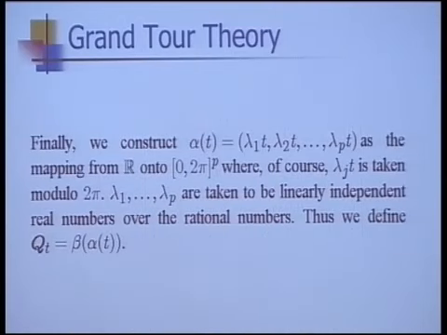So we construct the mapping alpha of t as lambda 1, lambda 2, through lambda p, each multiplied by t, as a mapping from R into the [0, 2π] hypercube. Lambda_j t is taken modulo 2π, so we want angles from 0 to 2π. The lambda 1 through lambda p are taken to be linearly independent real numbers over the rational numbers.